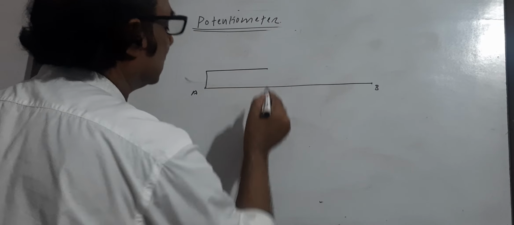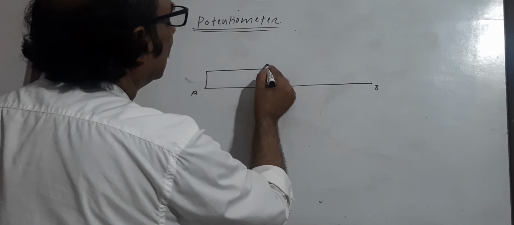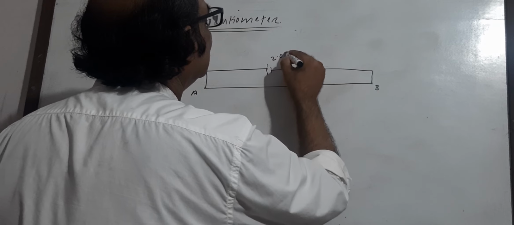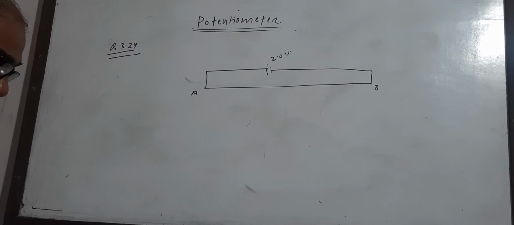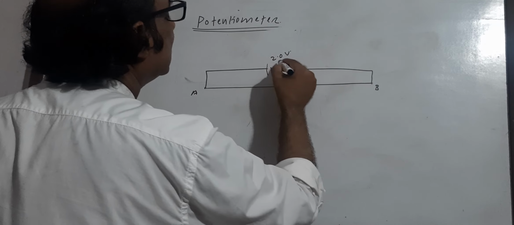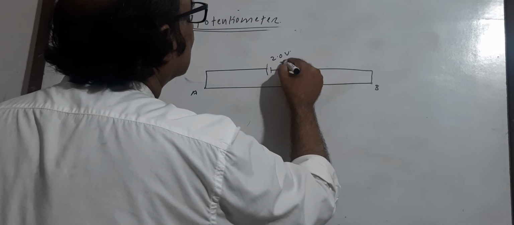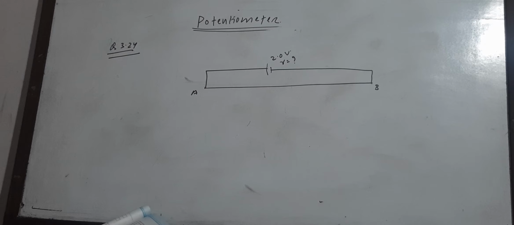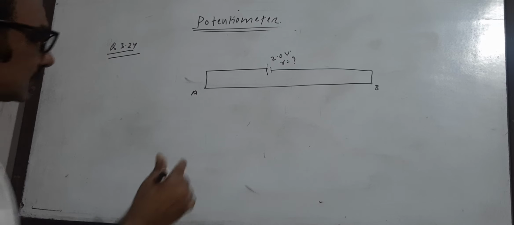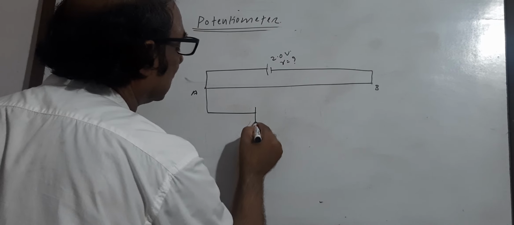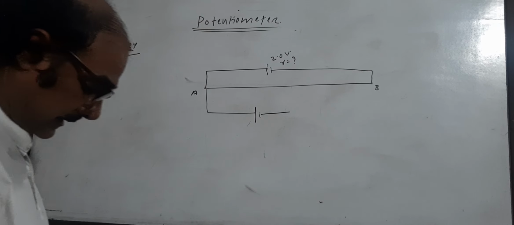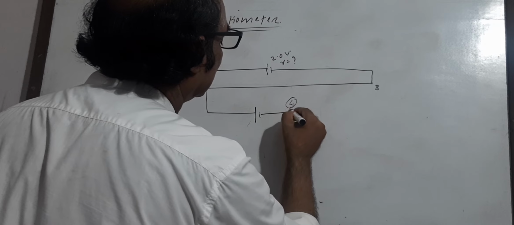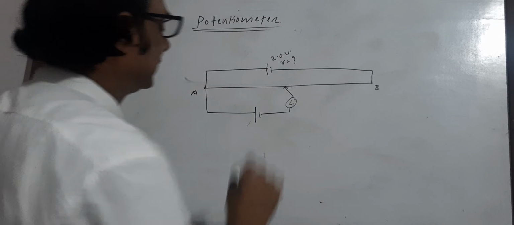This is the driving cell or driving circuit, only a cell of EMF 2.0 volt, internal resistance unknown, and the figure shows first the cell 1.5 and the galvanometer, and this is the balancing length.